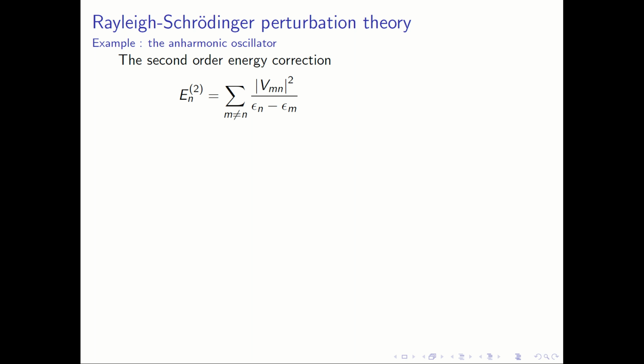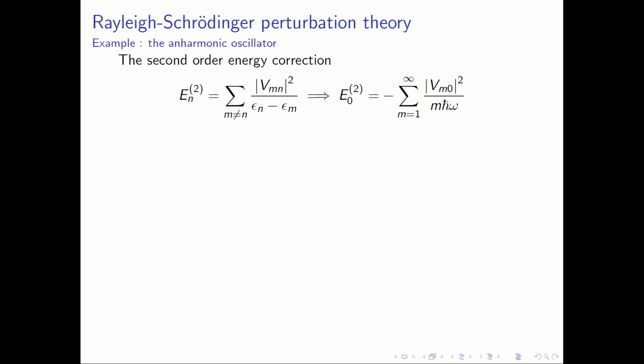And of course, for E02, which we are seeking here, the second order energy correction due to the perturbation to the ground state energy is simply exactly the same, except that n is replaced by 0, and you know that the energy difference between the ground state and the mth state in the harmonic oscillator is simply given by m times h cross omega, and the sum runs over all values of m except for m equals 0.